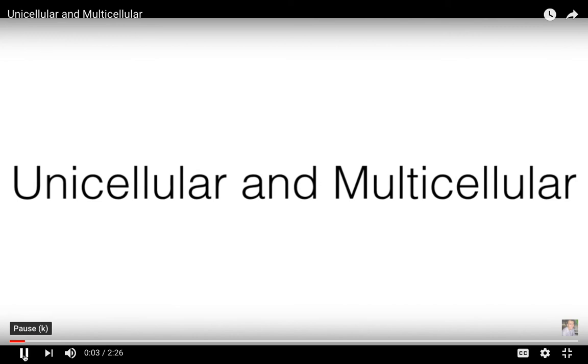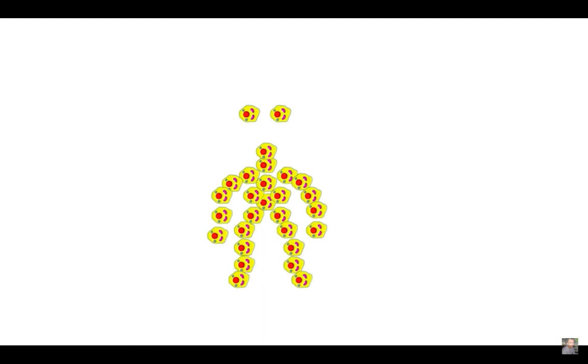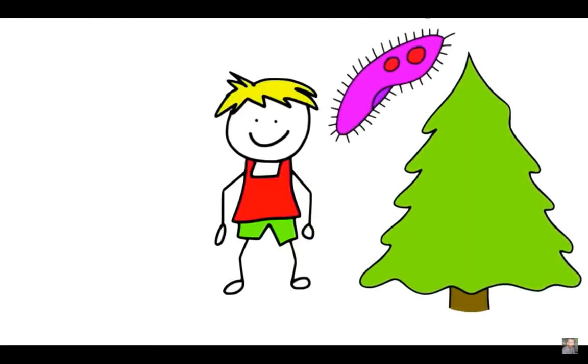Unicellular and multicellular. A cell: a single unit of life. Cellular: to be made of cells. All organisms are made of cells. However, some organisms are multicellular and other organisms are unicellular.